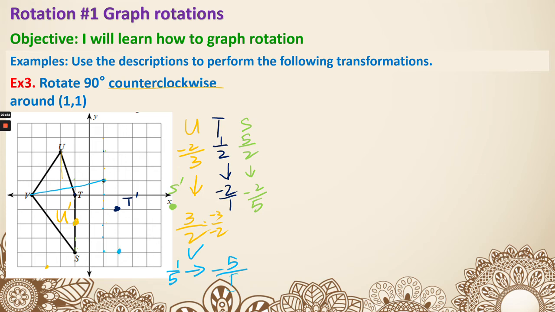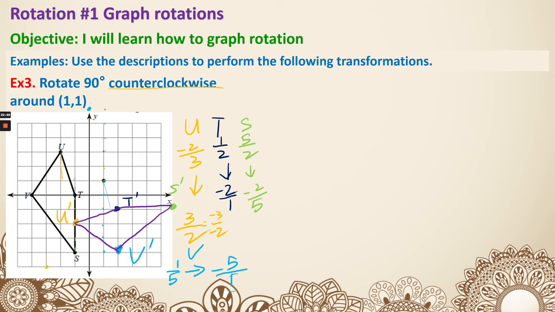Or up 1, 2, 3, 4, 5, left 1. There's my perpendicular line. I need counterclockwise, so it's got to go this direction. That means I'm keeping this point V prime. Lastly, connect everything. U prime to T prime, T prime to S prime, S prime to V prime, and V prime back to U prime. That's example 3.